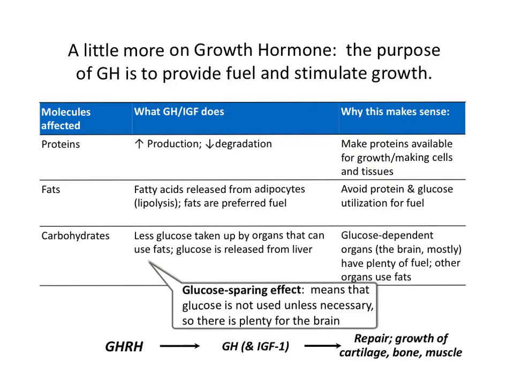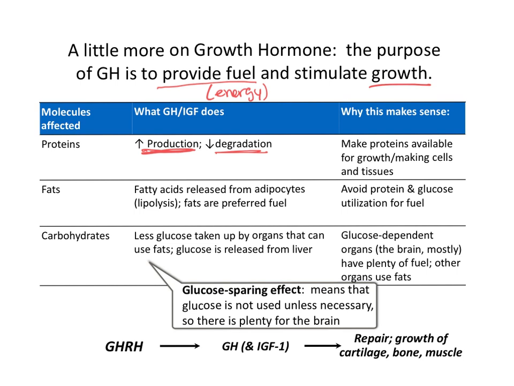Okay, so let's look for just a second at growth hormone because the others are going to come up in a little bit later on situations. So growth hormone, the entire point of growth hormone is to provide fuel to your cells for energy and stimulate growth. Now, it does this by increasing how many proteins your body makes and keeping your cells from breaking down proteins as much.